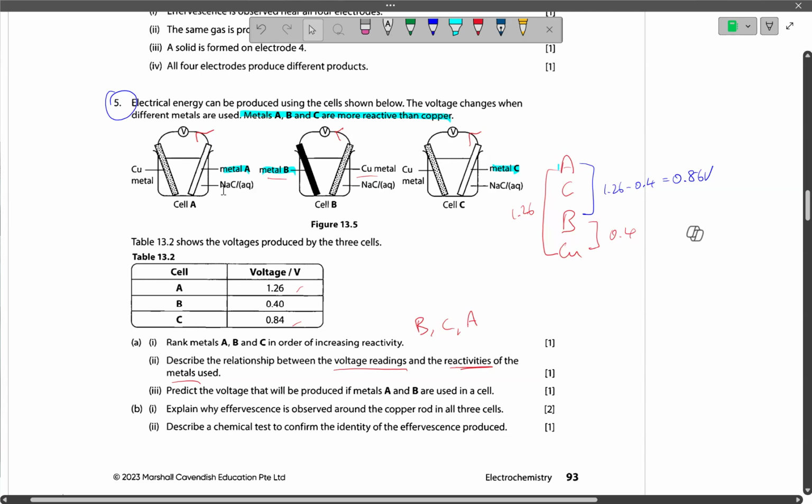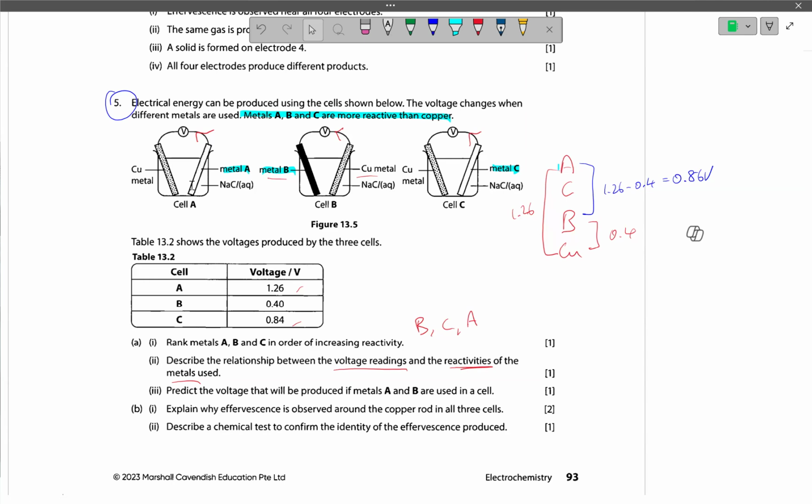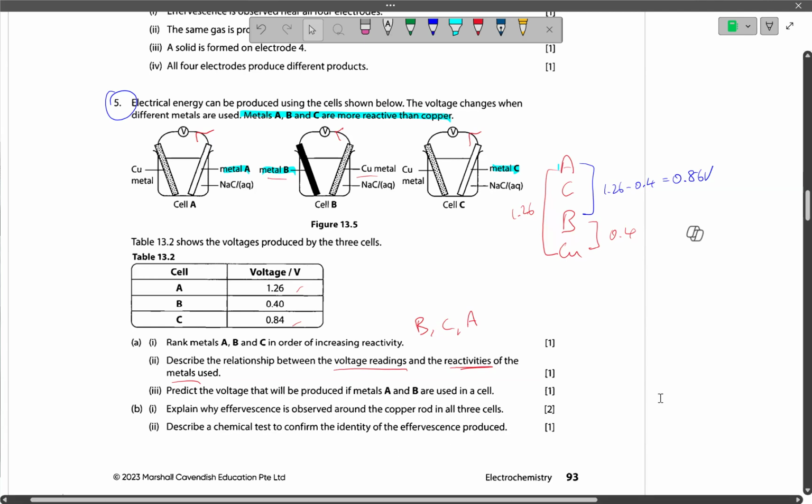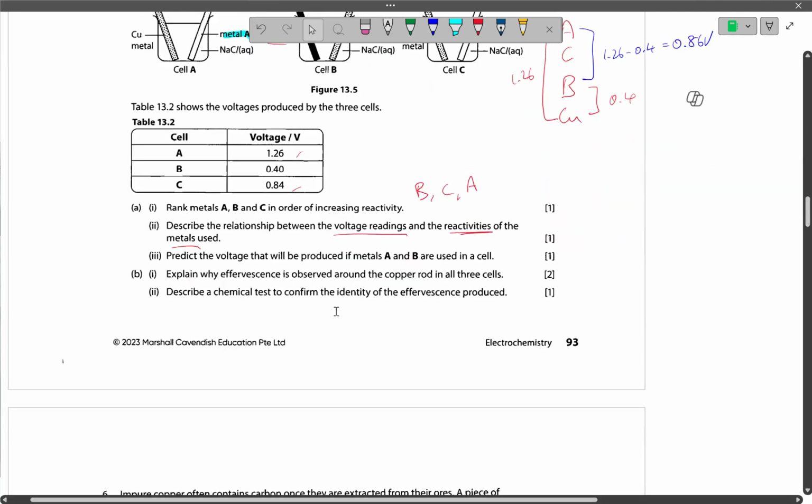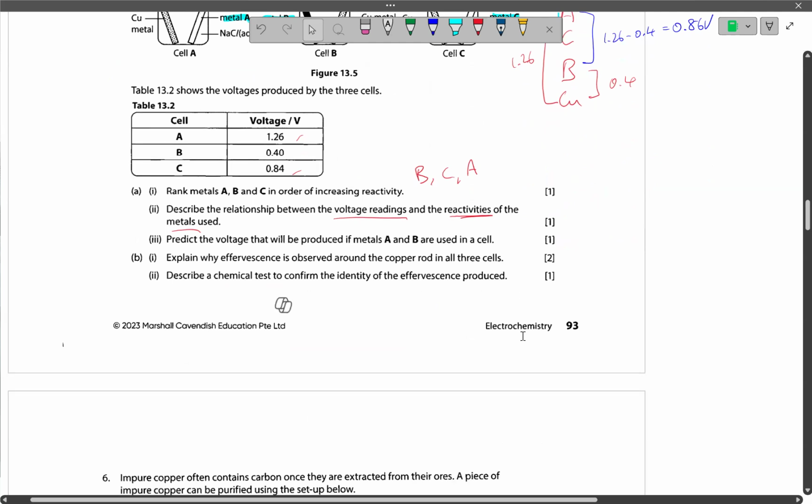So in the electrolyte there's only sodium and hydrogen ions, but hydrogen ions are selectively discharged due to lower position, to form hydrogen gas, which appears as the effervescence. Hydrogen is lower in position, not the ion now, but the hydrogen element is lower in position than sodium.